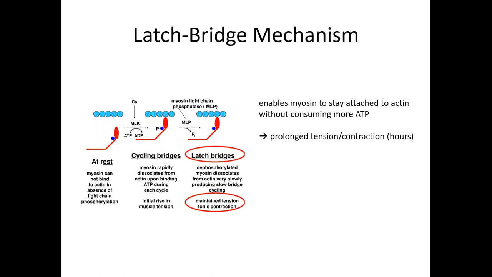The gist of it is the tension is maintained and can be maintained for prolonged periods because this disassociation, this breaking of the cross bridge, happens very slowly.